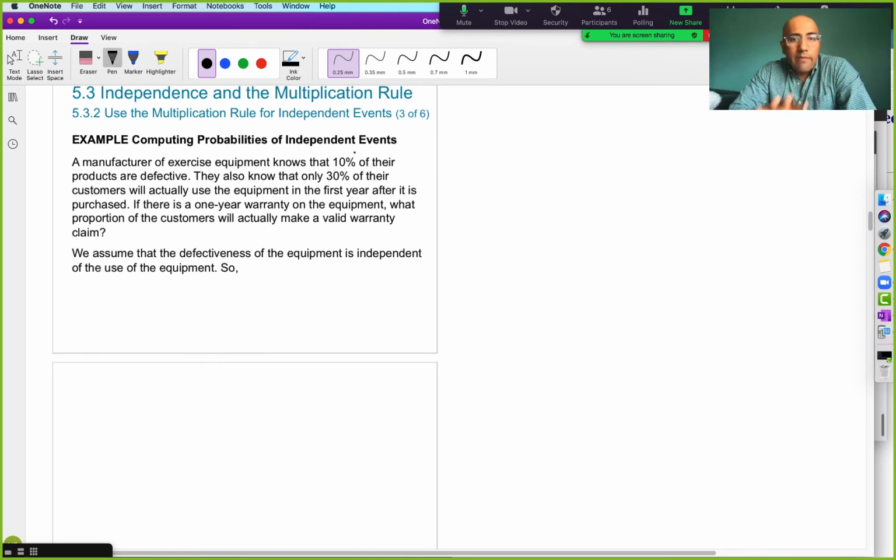But whatever makes the machine defective has nothing to do with the customer who orders the machine, receives the machine, and then decides not to even open the box, right? Those two things are independent. Good?